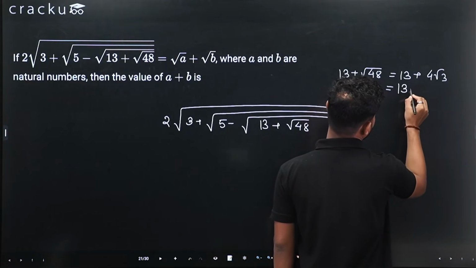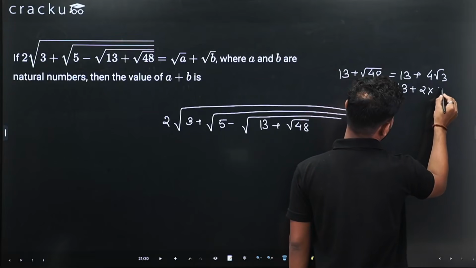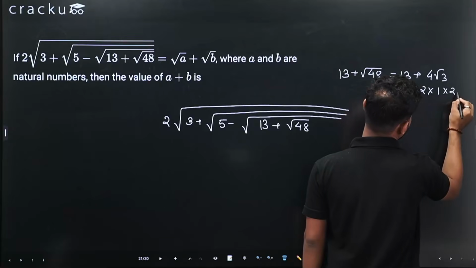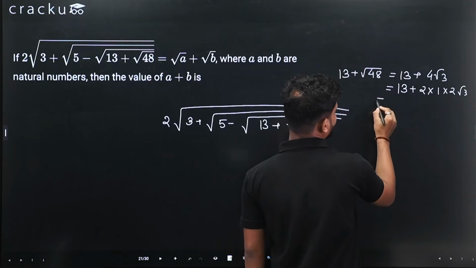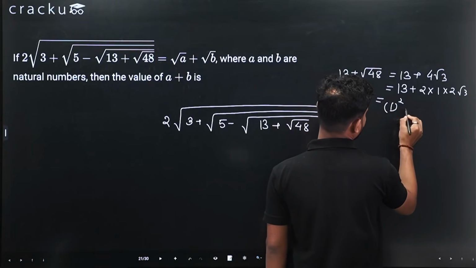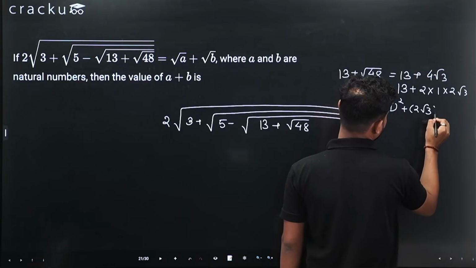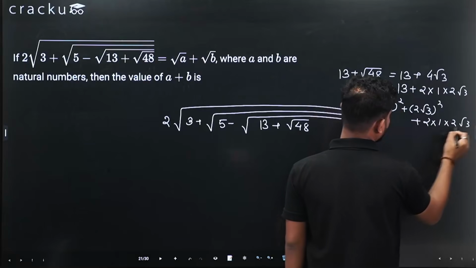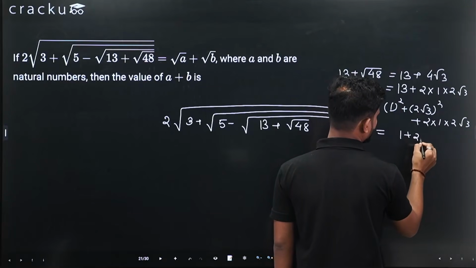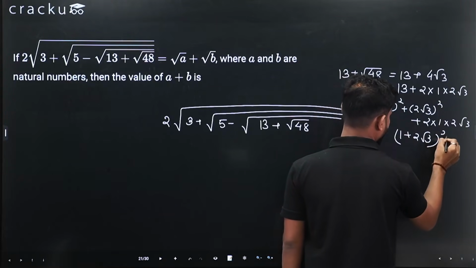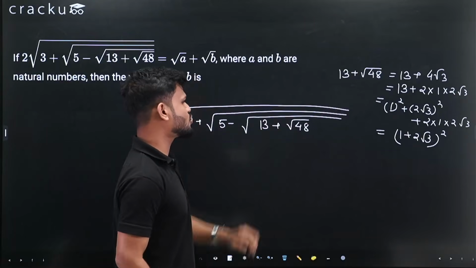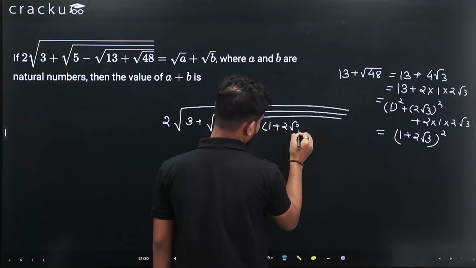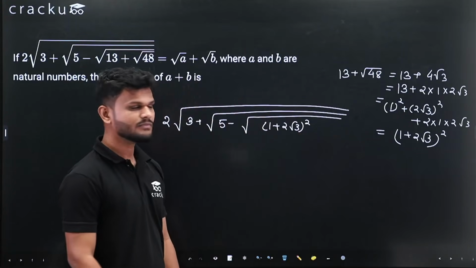You can write this as 13 plus 2 into 2 root 3 or 2 into 1 into 2 root 3, right? 13 you can write this as 1 square plus 2 root 3 square plus 2 into 1 into 2 root 3, or this is nothing but 1 plus 2 root 3 whole square, right? I will write this as 1 plus 2 root 3 whole square, correct?